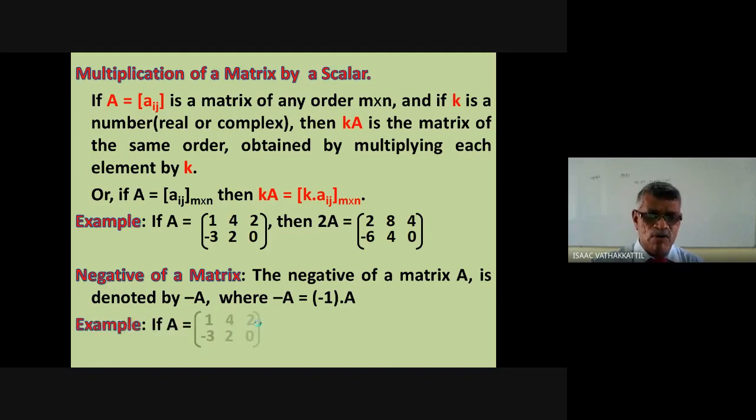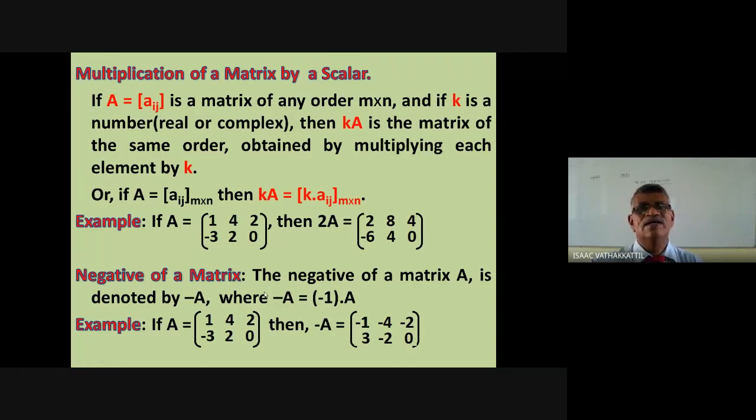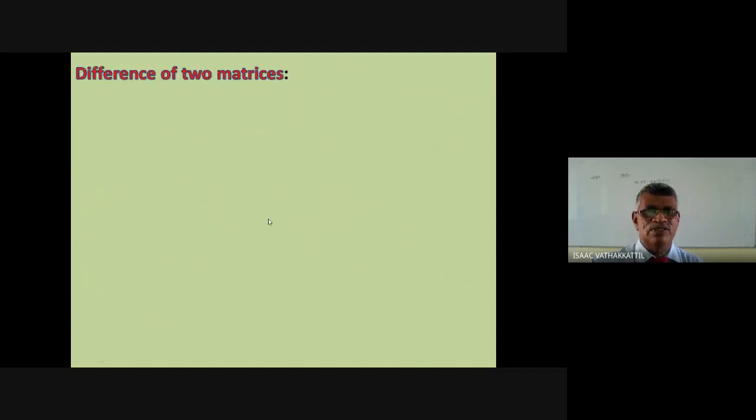For example, if A is the same matrix, [1, 4, 2; minus 3, 2, 0], then what is minus A? It will be, row wise, minus 1, minus 4, minus 2; 3, minus 2, 0. Agreed? Clear? That is multiplication by a scalar and the negative of a matrix.